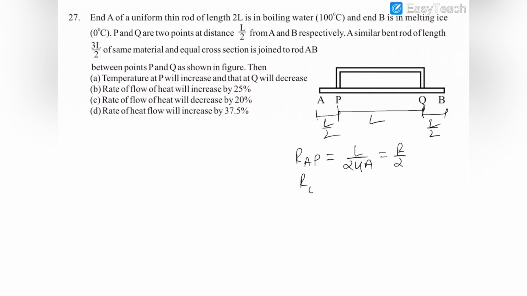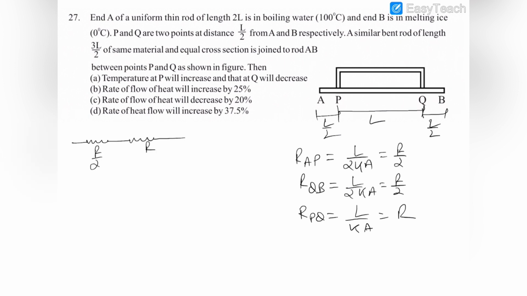So the resistance of QB is also L by 2 Ka, so it is also R by 2. The resistance of PQ is L by Ka, which is equal to R. So this is a combination of three resistances: R by 2, R, and R by 2. And the temperature difference between the two ends is 100 degrees Celsius.